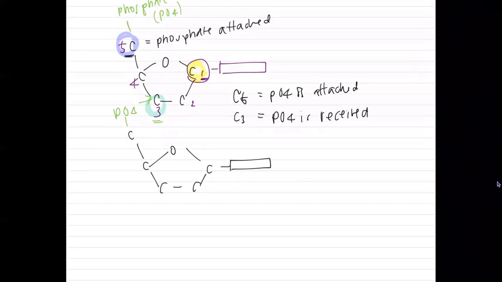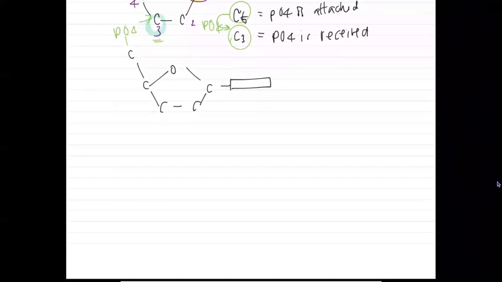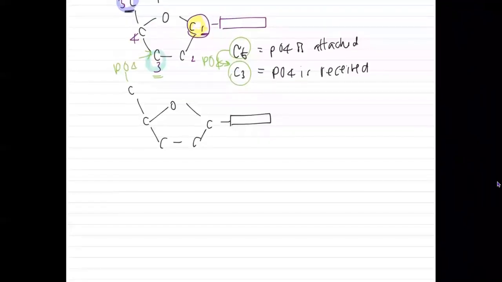Does that make sense? So since the DNA attachment from one nucleotide to another nucleotide goes from C5 to C3 via a phosphate group, we always have to remember that any kind of DNA nucleotides getting attached to one another goes from 5 to 3.